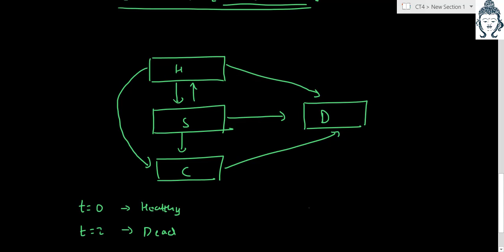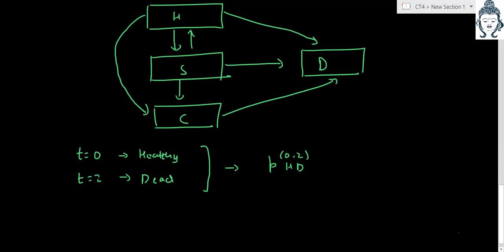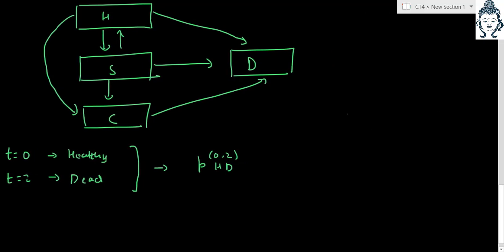This probability is usually written as the probability of getting from healthy state to dead state from time 0 to time 2, so 0, 2. That's how you represent it. So let's say I want to calculate this probability. Now let's look at how I will do it. I want the person to be healthy at time 0, and at time 2 I want him to be dead.